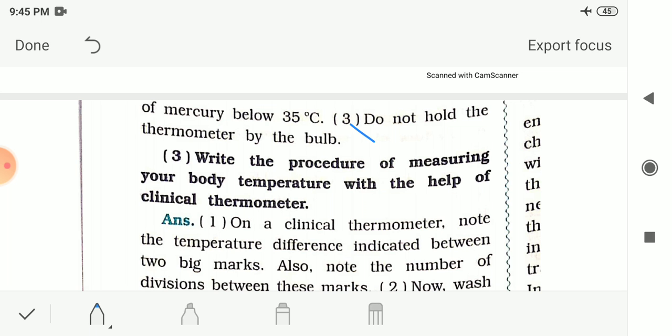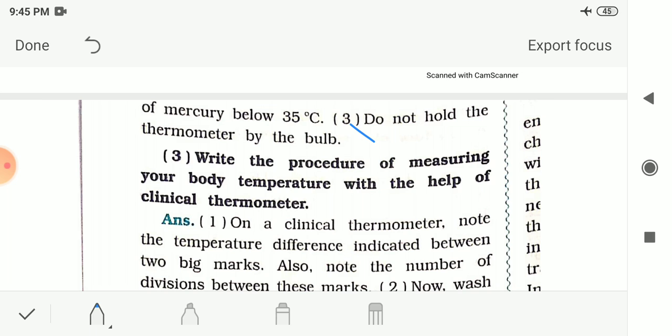You have to hold the thermometer carefully from the opposite end of the mercury side, and before use give a few jerks, or shake the thermometer, to bring down the mercury level below 35 degrees Celsius, and you should not hold the thermometer by the bulb.